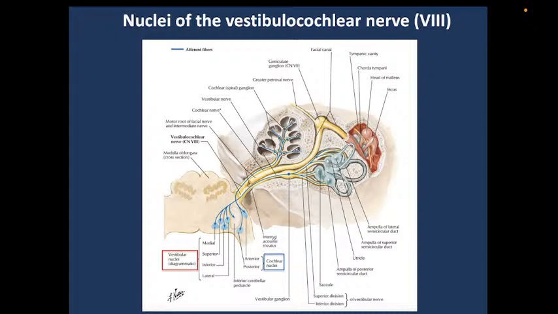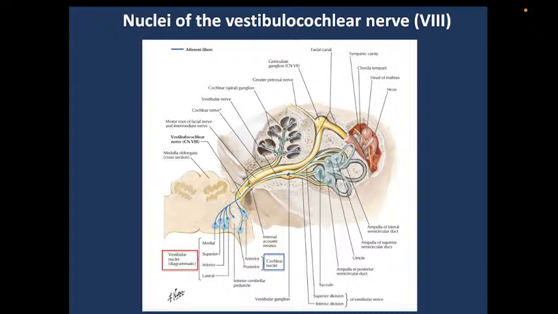What kind of nuclei do we see which get information from the inner ear, from the ganglion? You see here the spiral ganglion and vestibular ganglion, and the fibers come into the pons and end on two groups of nuclei.